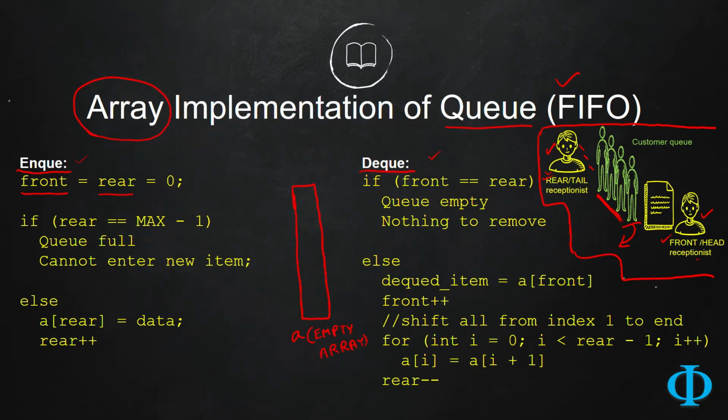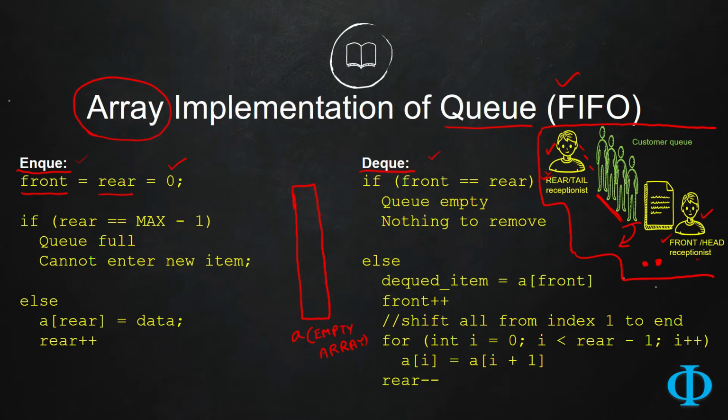Now we have initialized front and rear both to 0 in the beginning. Why? Just try to visualize what happens before the beginning of the queue, before any customer came. Before any customer came in the queue, both the rear and front receptionist wait in the same place, that is in the beginning of the queue, right?